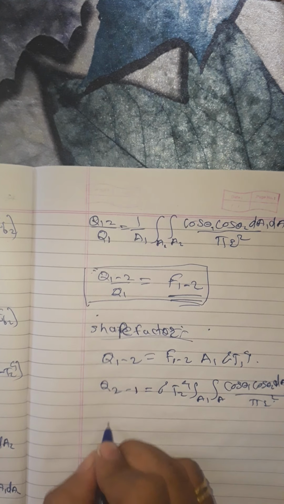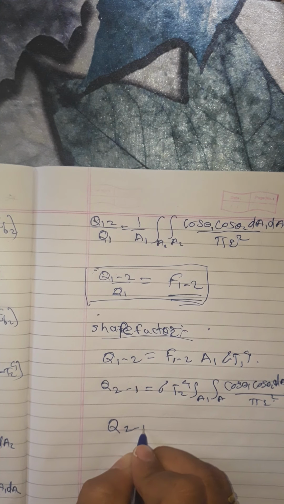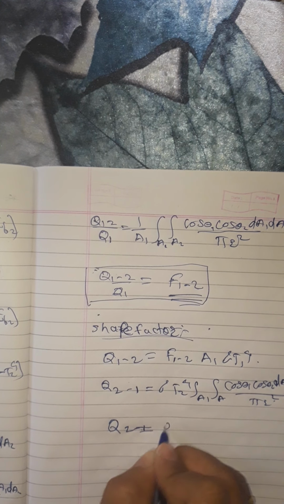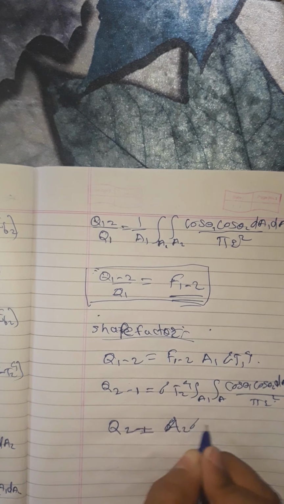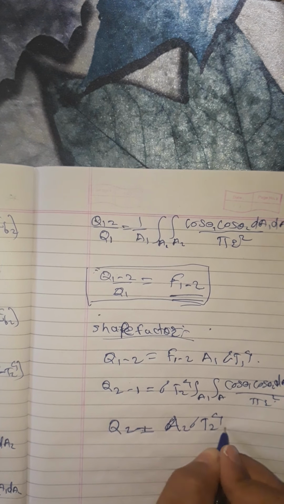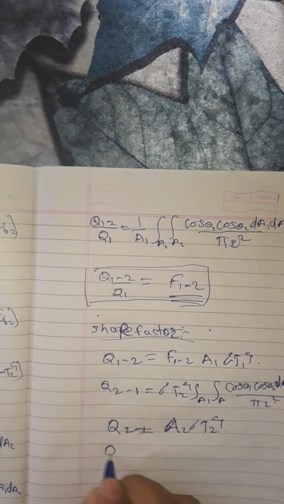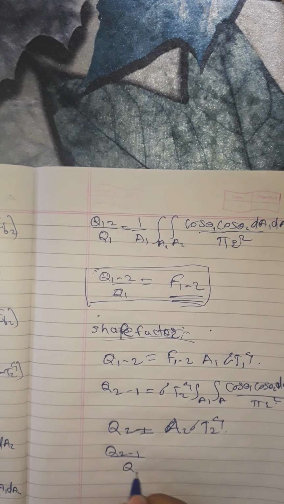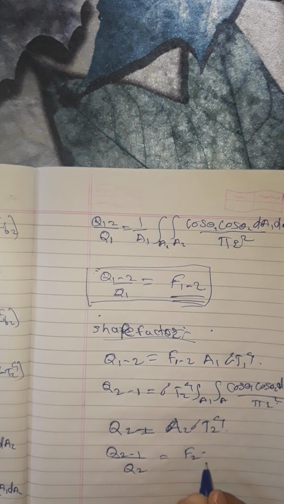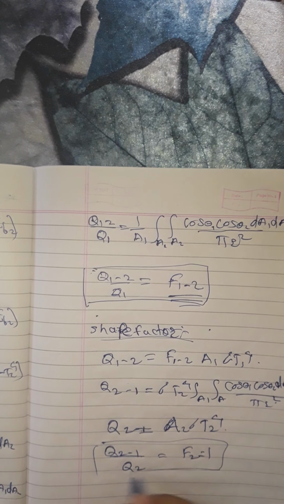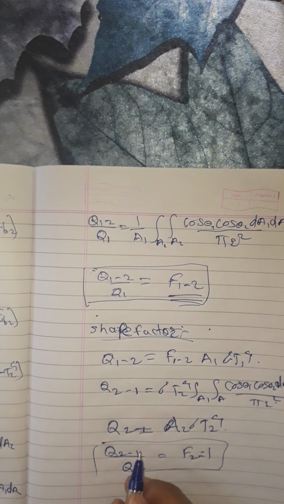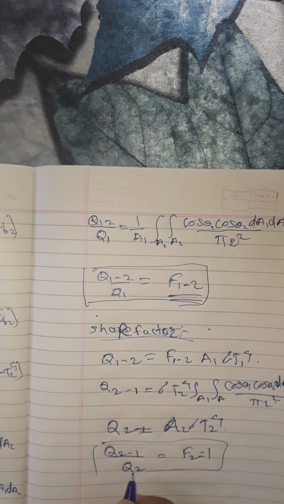So we can directly write Q2 is equal to A2 sigma T2 raised to 4, right? Similarly, Q2 to 1 divided by Q2 is equal to F2 to 1, the shape factor of element 2 towards 1, right?